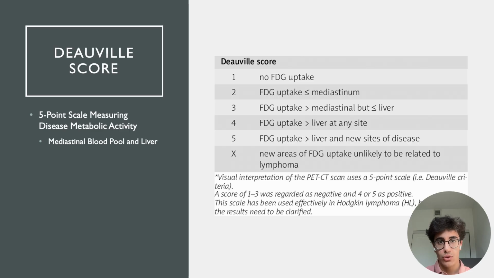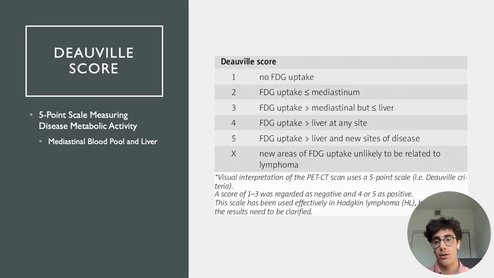Now, scores of 1 to 3 are considered negative scores, and they're considered complete responses, successful treatments. And a score of 4 or 5 is considered a positive score, positive response. It means there's still residual activity, a possible treatment failure, the cancer is back, metastasis has occurred, or tissue healing and infection is happening.